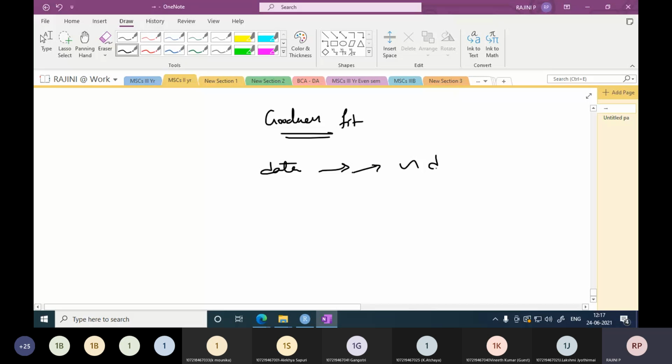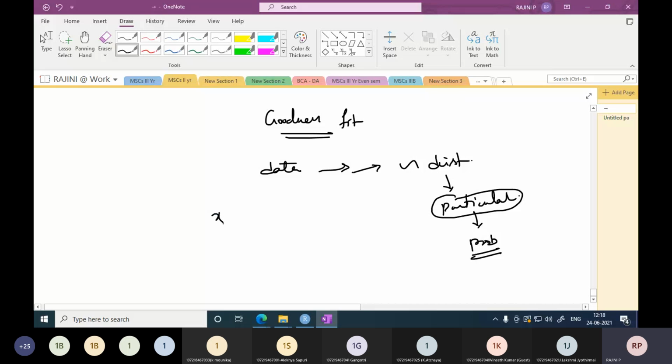Based on the characteristics of the data, you assume the data follows one particular distribution, and based on that you want to calculate the probability. But you have some doubt whether your assumption is right or not. You want to go for confirmation. In that case, we use goodness of fit.